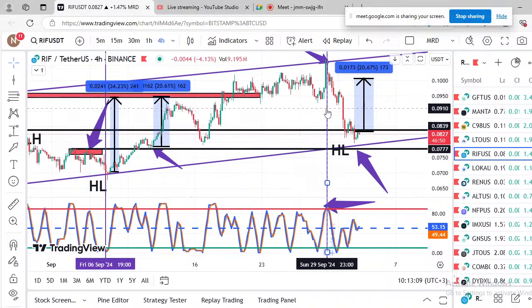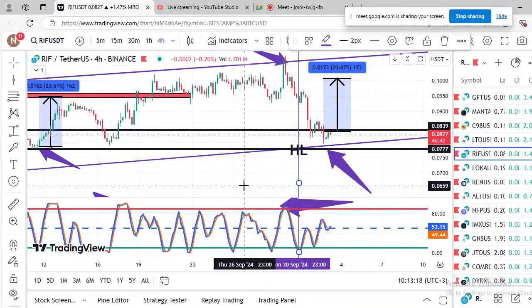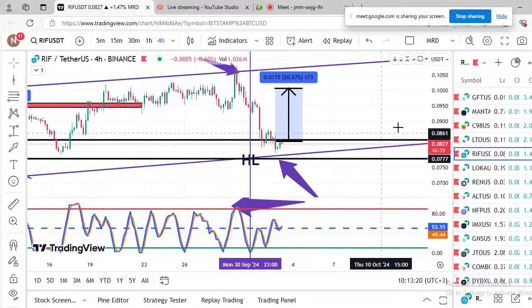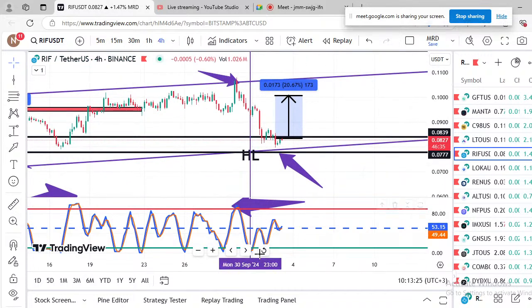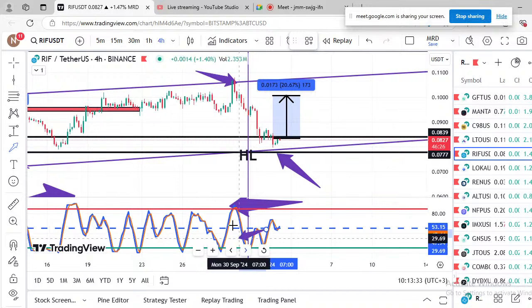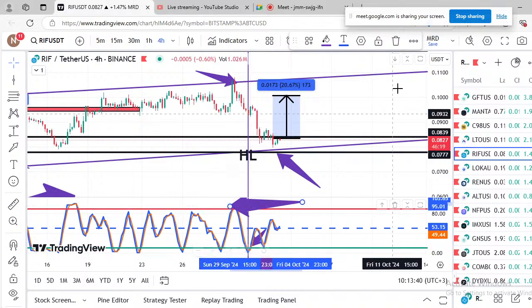A good example is here. Now, why was this indicator showing us that this is oversold? Can you compare that? Can you enter there? Can you see? Here, the indicator was showing us that it was in oversold.